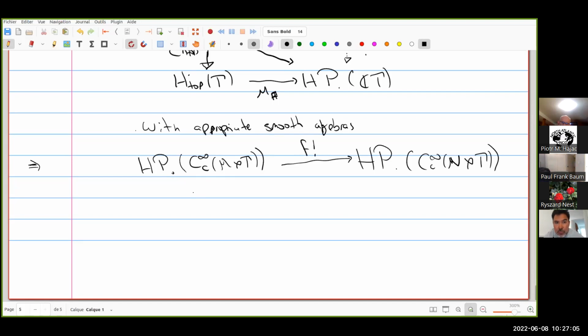there are computations which are known. This can be done in periodic cyclic cohomology with appropriate algebras, using the same kind of ideas, and then you can prove also the one-way functoriality. In these cases some things are known.